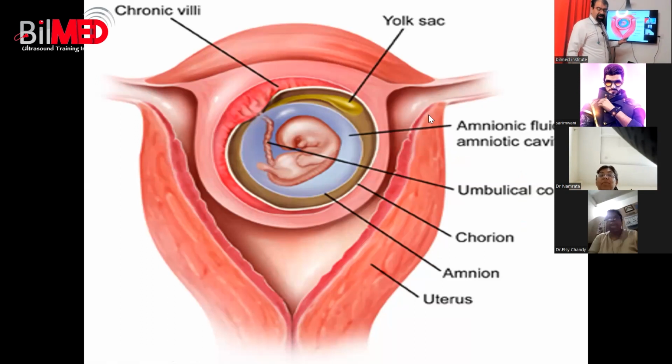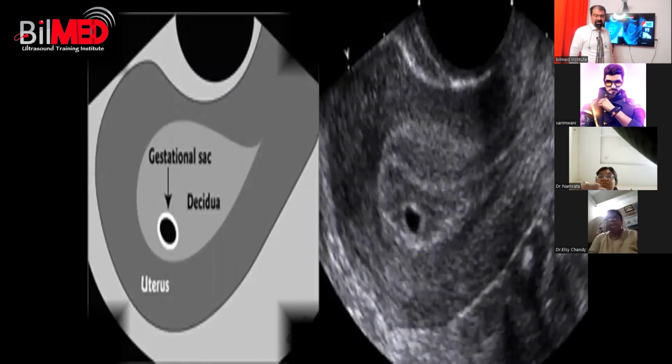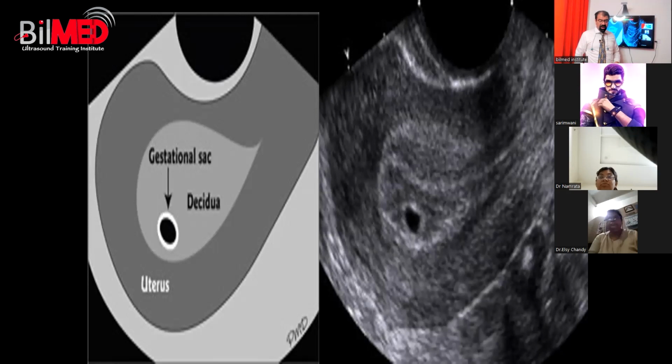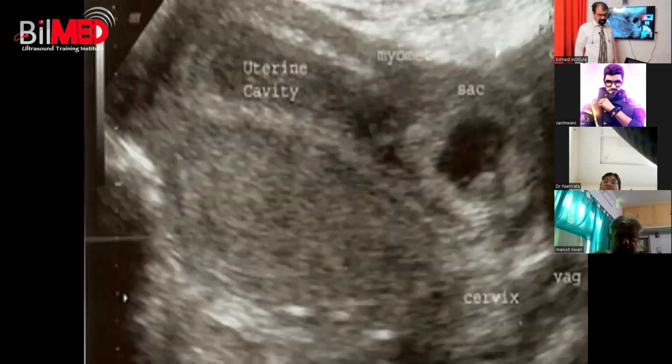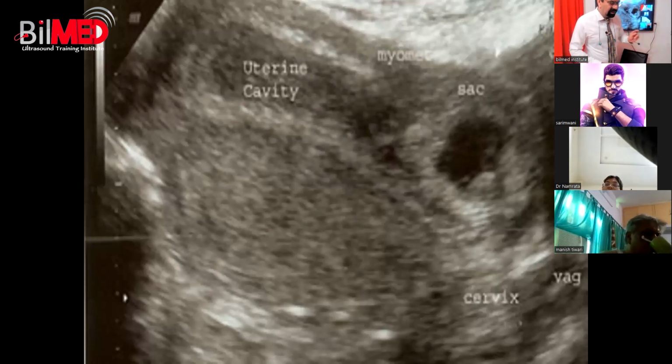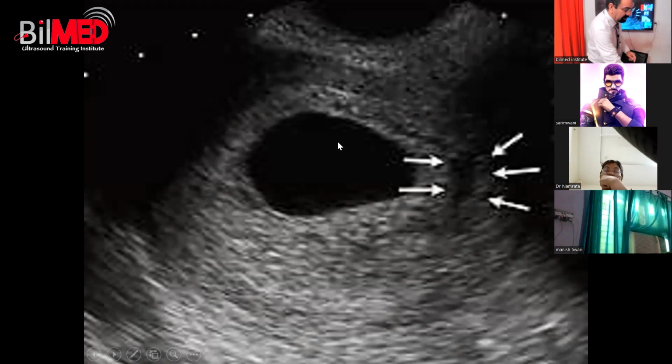Then we discussed the double decidual sign, and the unobliterated uterine cavity. These are the pictures which we discussed with you yesterday.